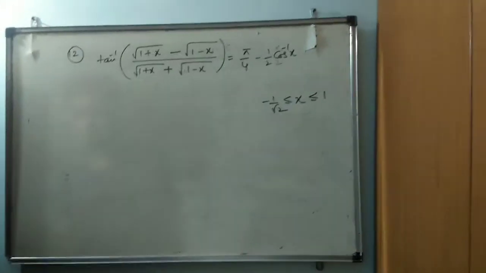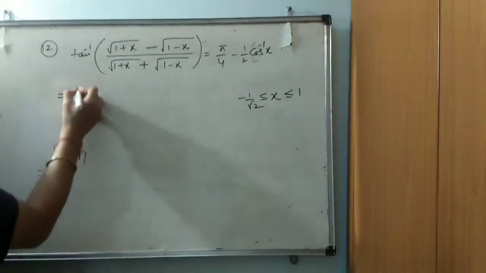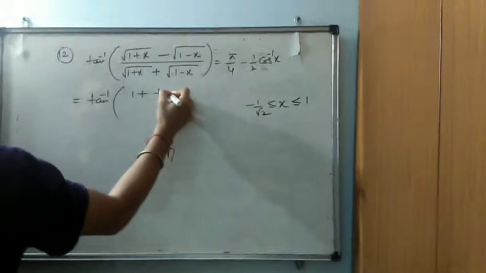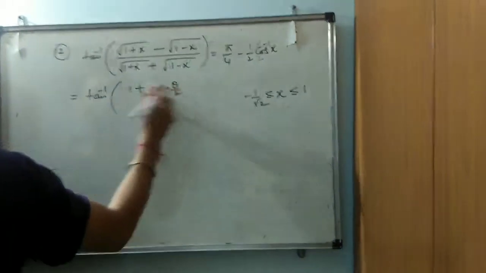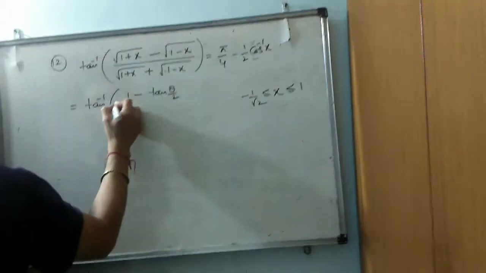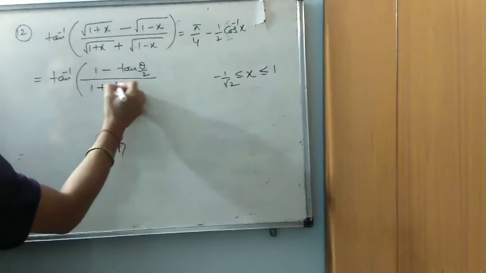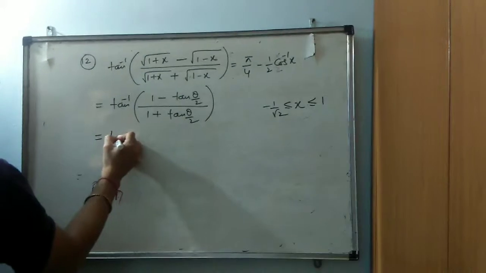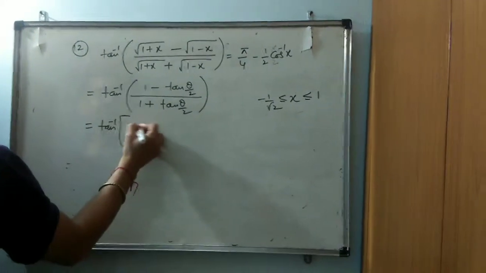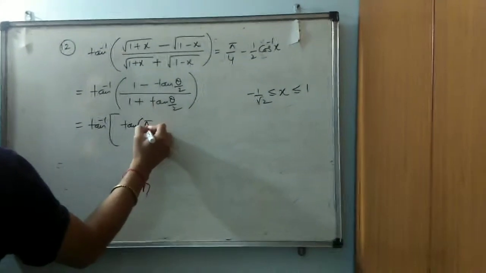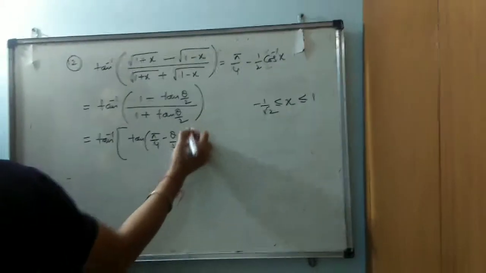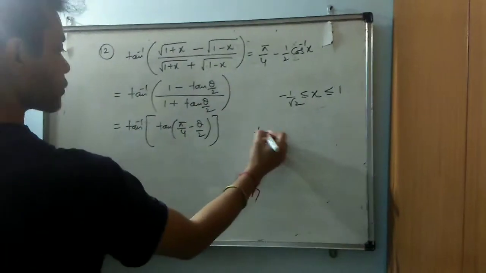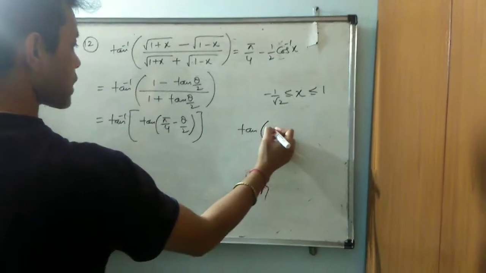When we divide numerator and denominator by cos theta by 2, we get tan inverse of (1 minus tan theta by 2) divided by (1 plus tan theta by 2), which is tan of (pi by 4 minus theta by 2), using that famous identity of tan (A minus B).